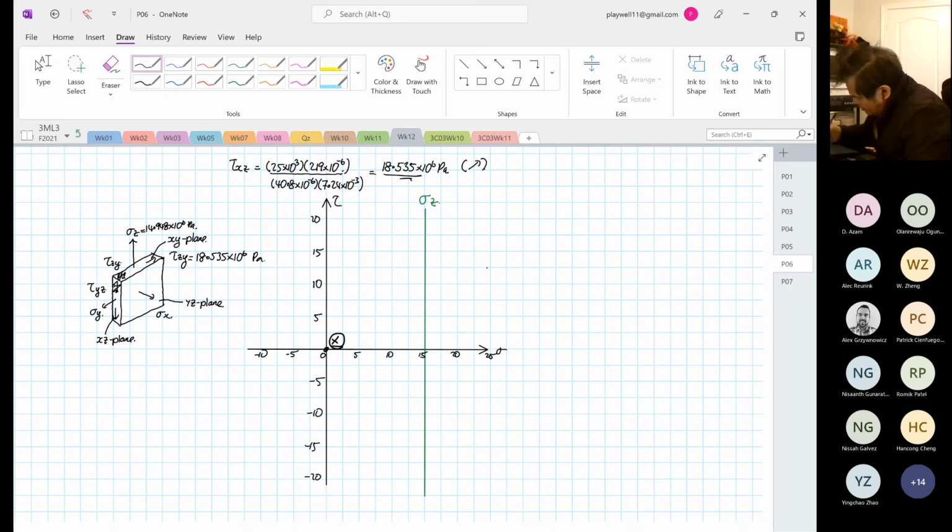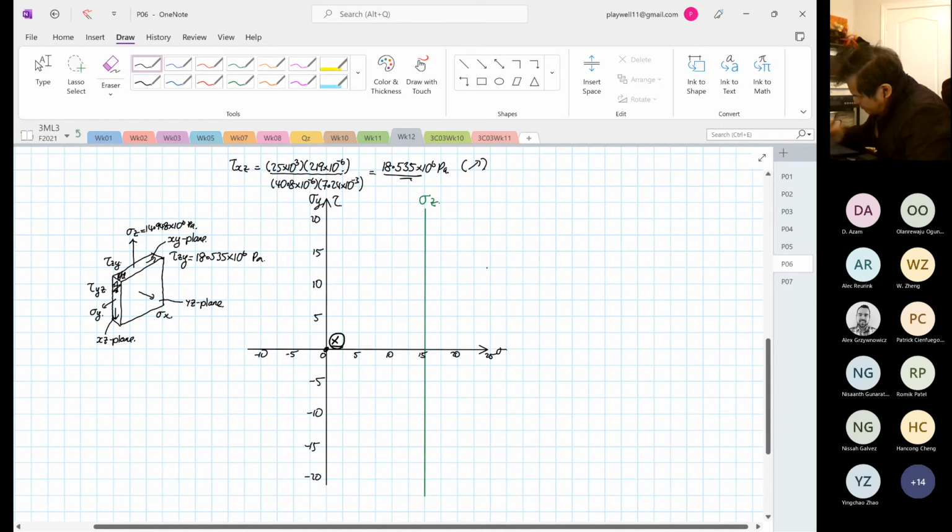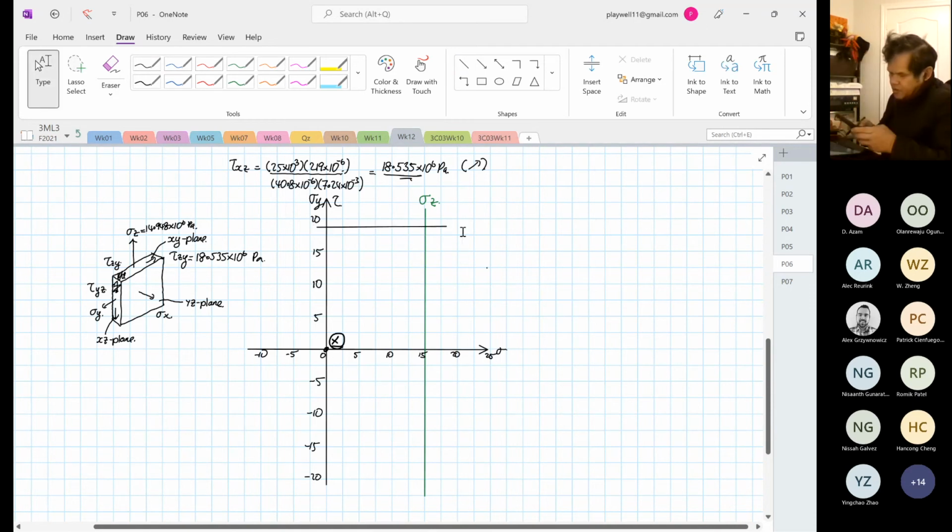And this is our stress Y line. And the shear is 18.53. Okay, so 15, 17.5, 18.53. So 20.